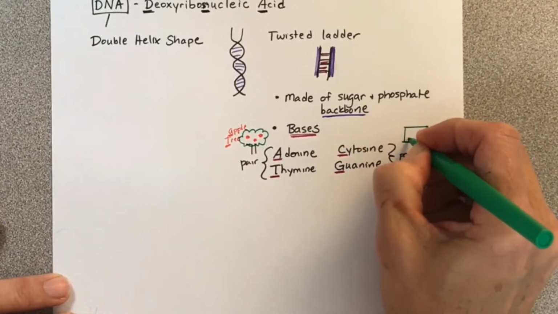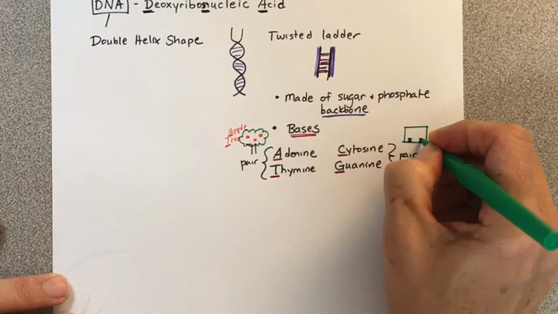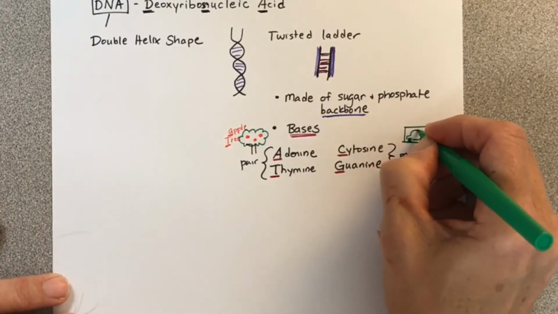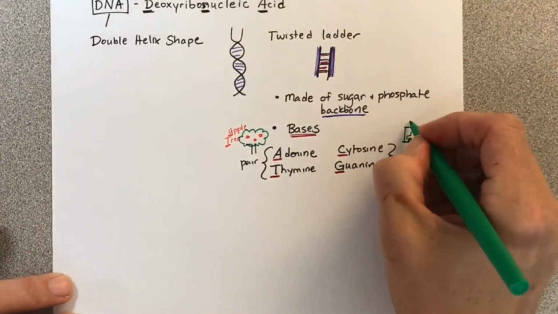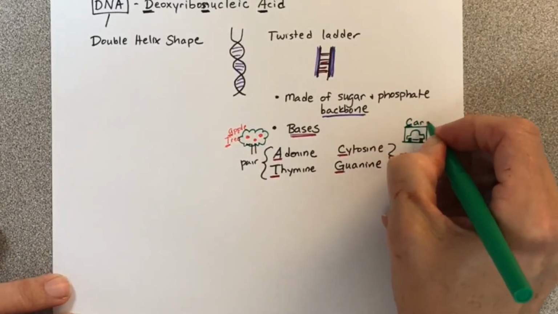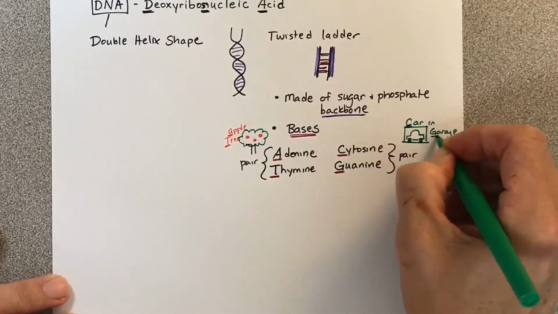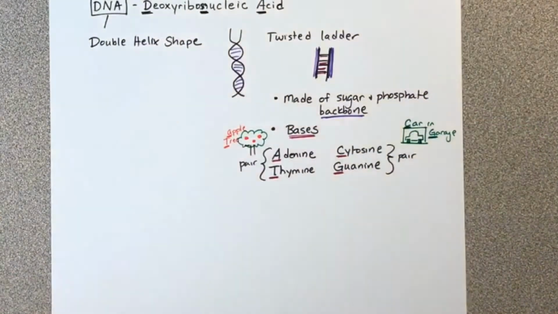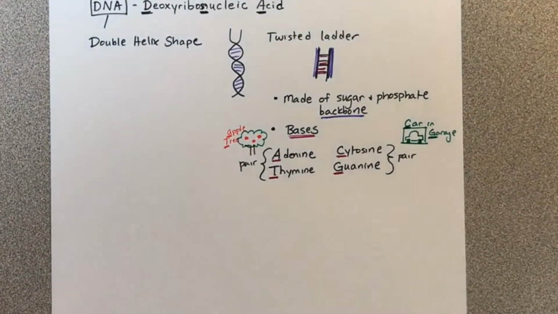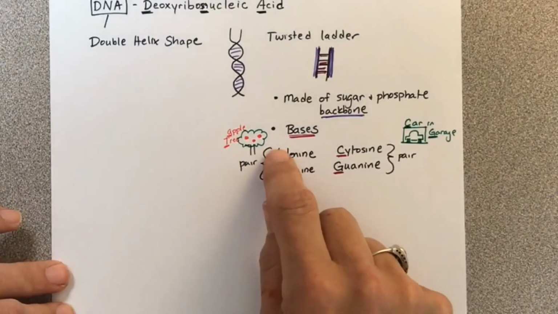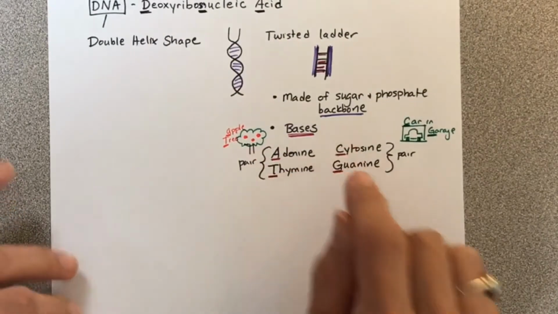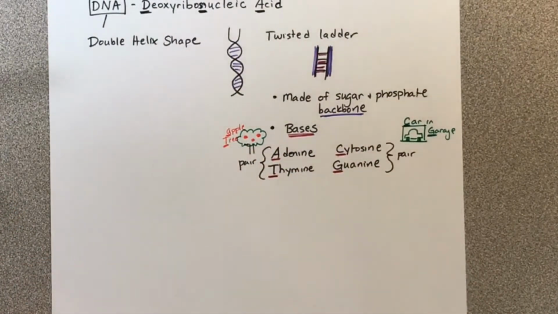I'm going to draw it from the back. Here are the little wheels of my car. That can help you remember that A goes with T and C goes with G. I also think about A and T being more angular and straight, and C and G being the more curvy ones. However you can remember works.